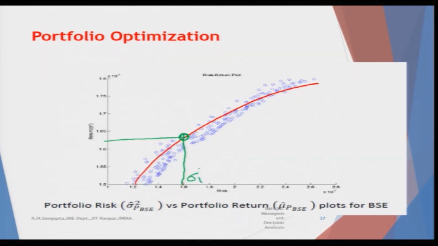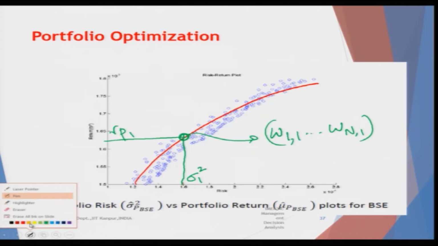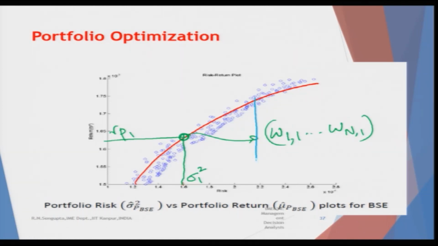This will give you the portfolio corresponding to a risk value of, say for example, sigma 1 square, return of RP 1, and from here you will get W 1 comma 1, meaning for the first case, similarly W n comma 1. Then again, if I do it for blue color, yes, and I do it for the second case.